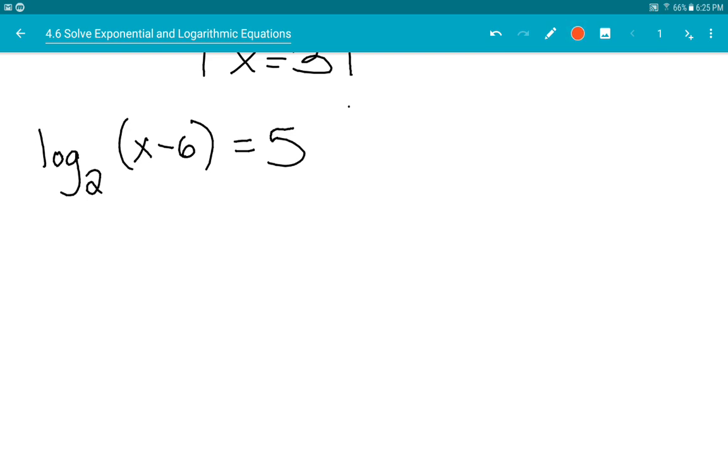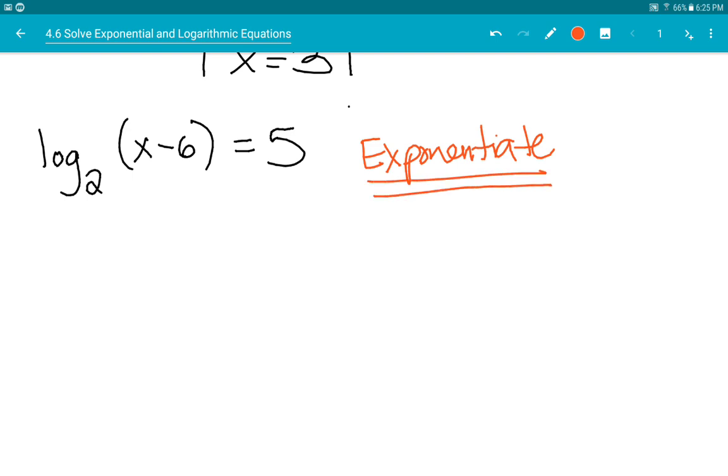If you remember when we were working with inverses, the process we want to do here is exponentiate both sides of the equation. So the base that we're looking for is going to be the 2. We're going to take both sides here with a base of 2, and the 5 is going to become an exponent, and so is this log.